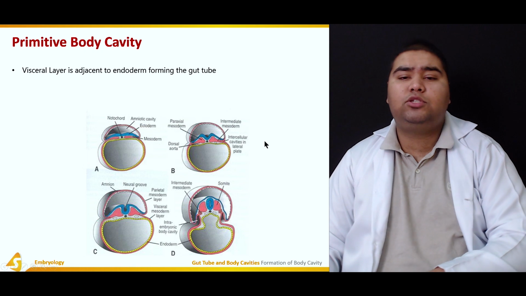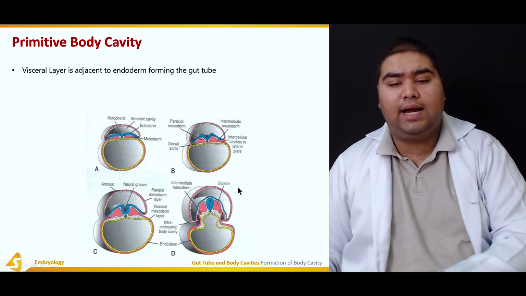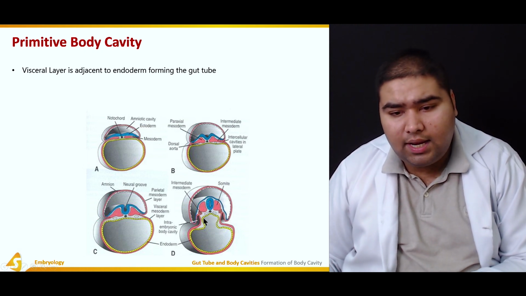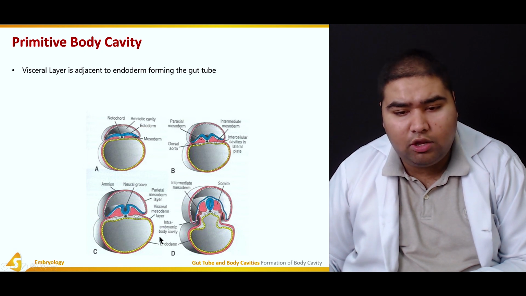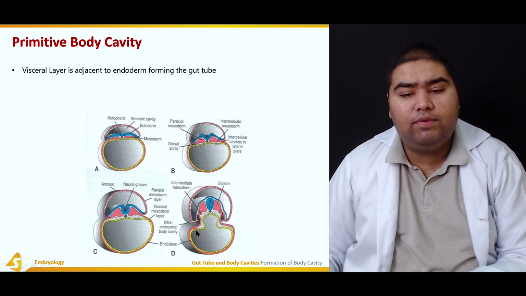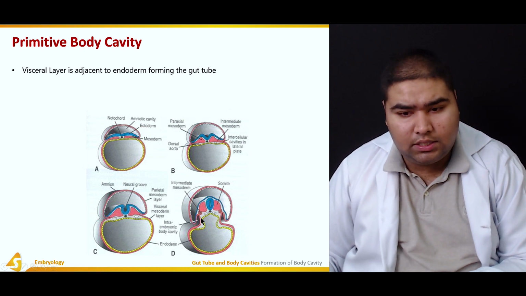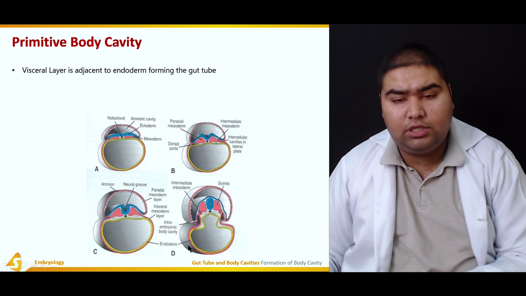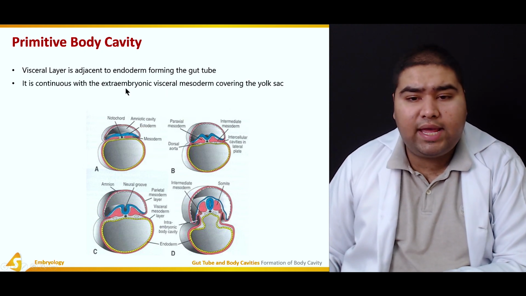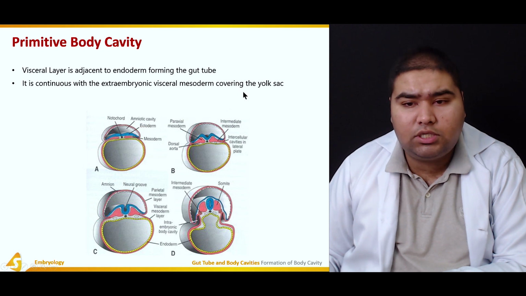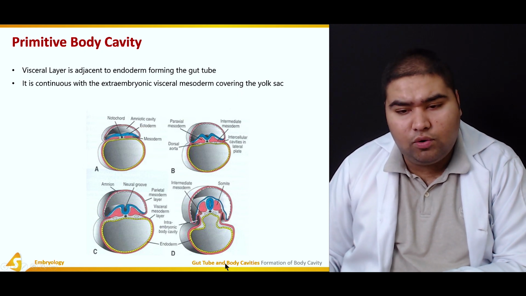Visceral layer is adjacent to endoderm, which forms the gut tube. This yellow is endoderm, and the visceral layer is adjacent to it. This endoderm will form the gut tube in the future. It is continuous with the extraembryonic visceral mesoderm, which is covering the yolk sac.